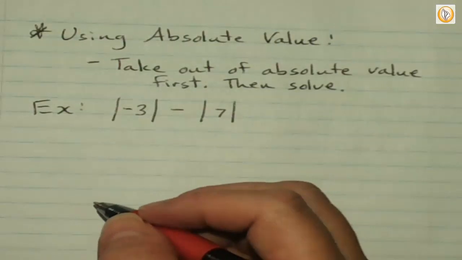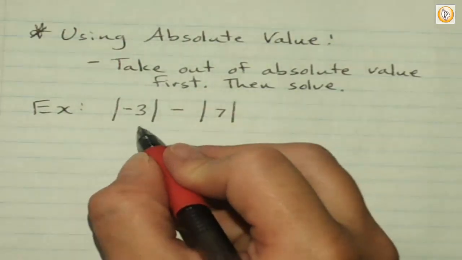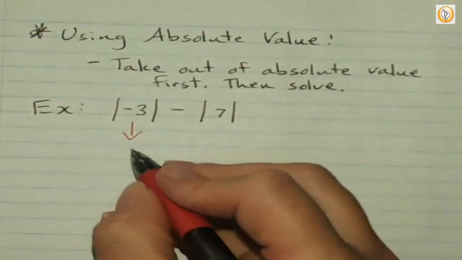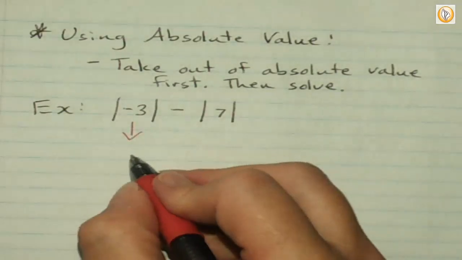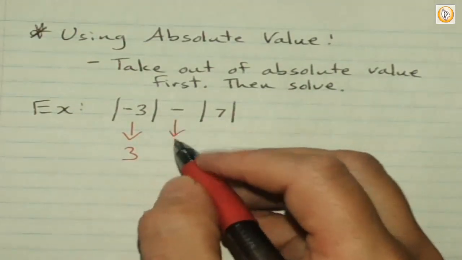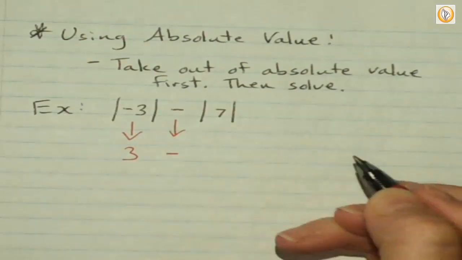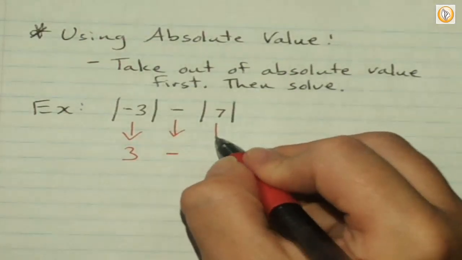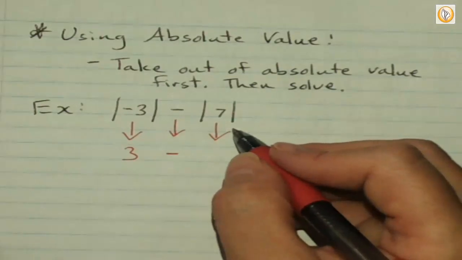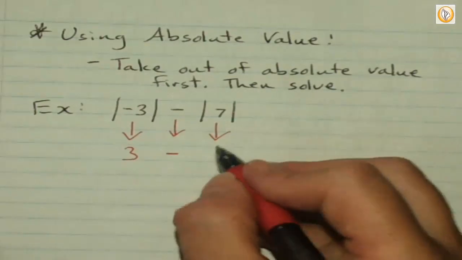So positive 3. Hold on. Tanner, what is the absolute value of negative 3? Positive 3. We bring down, you need to do your arrows too. Bring down the negative sign. And then what's the absolute value of 7? 7.